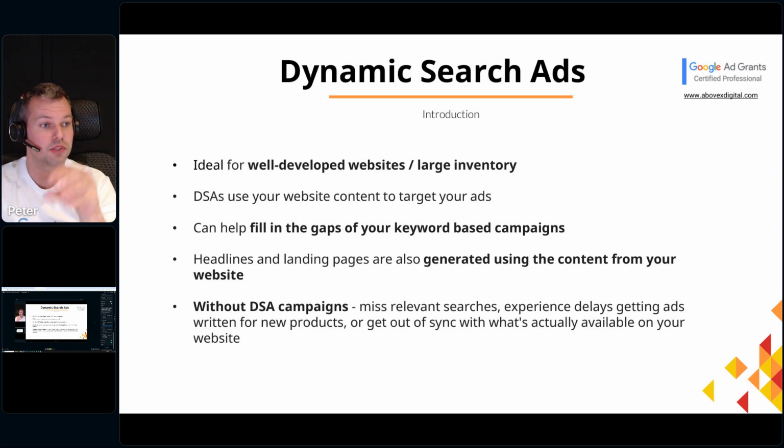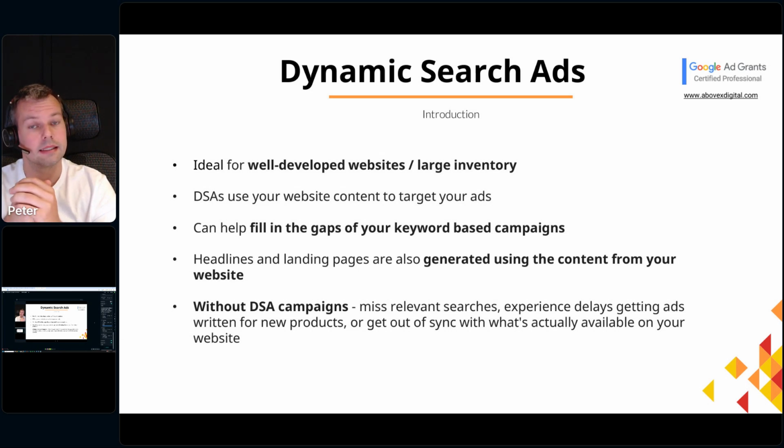Here comes the overview. Dynamic search ads, what are they? They've been around for quite some time. We sometimes call them dynamic campaigns or DSA campaigns. They're suitable for well-developed websites. We see them working well in ad grants accounts that belong to clients with extensive websites with a lot of content, ideally content optimized for different keywords.